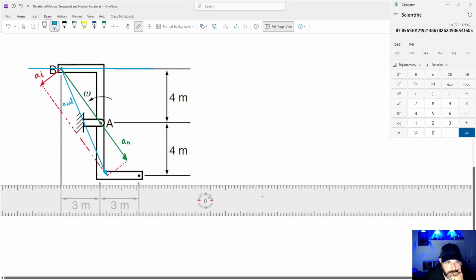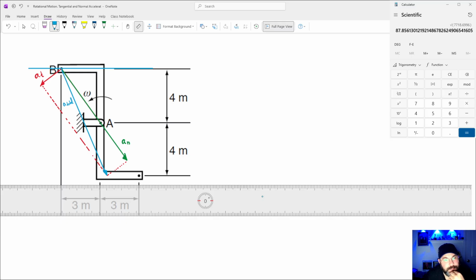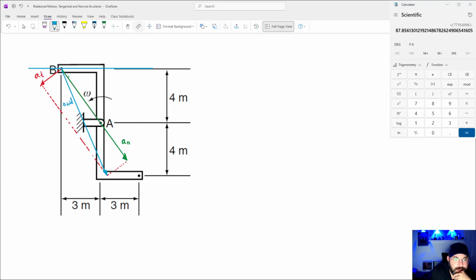So we can calculate a couple of angles. For example, we can calculate this angle here, this angle alpha, and this is going to be our angle beta. Okay, and alpha plus beta, that sum is going to give us the angle relative to the horizontal line, which will define direction of our total acceleration, right?